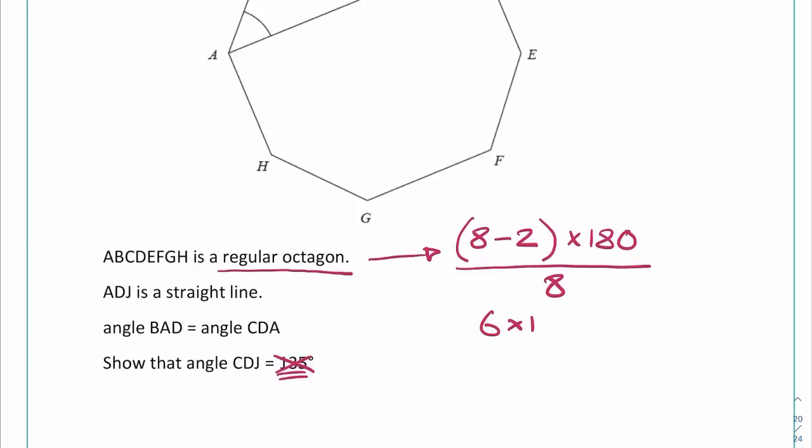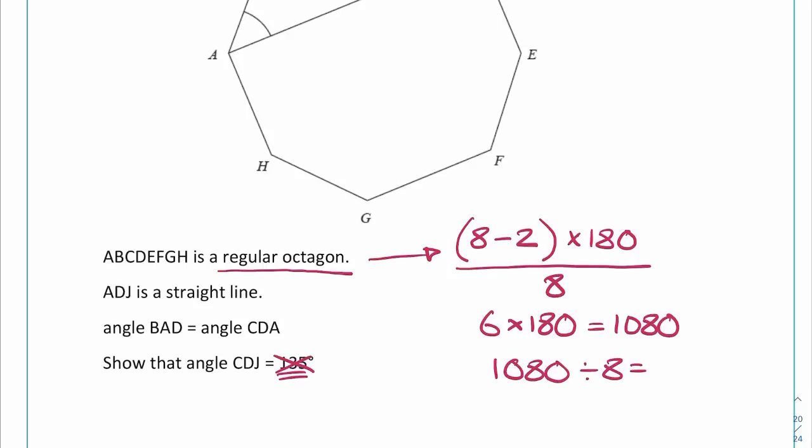So 6 times 180, and again, this could be calculator or non-calculator. If it's non-calculator, you just do that using column multiplication, 6 times 0, 6 times 8, and 6 times 1, and get your answer, and then we're going to divide it by 8. So I'm going to type it in the calculator, 6 times 180, which comes out as 1080. And you would then divide that by 8, which you could do using bus stop, but 1080 divided by 8 is 135.